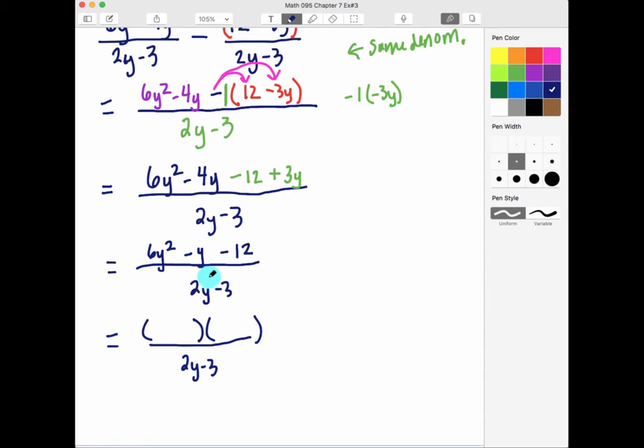I noticed that the denominator has a 2y, and 2 times 3 makes 6, so maybe it's possible that one of my factors is 2y minus 3. Now this is just a hunch because the textbook likes to make some nice problems sometimes and cancel out numerator to denominator, so I'm going to go with that hunch and see if I'm right.